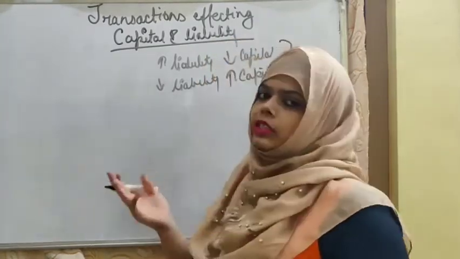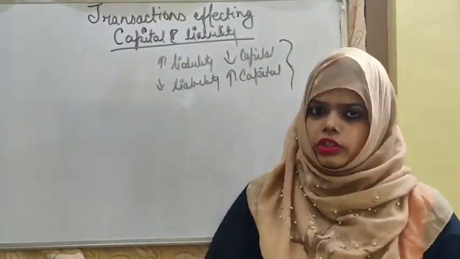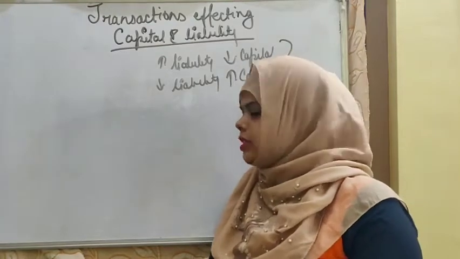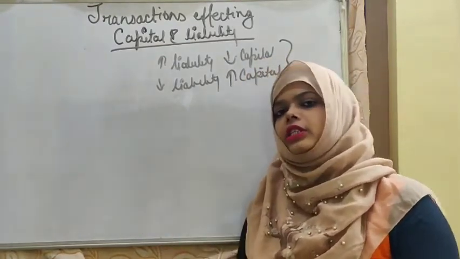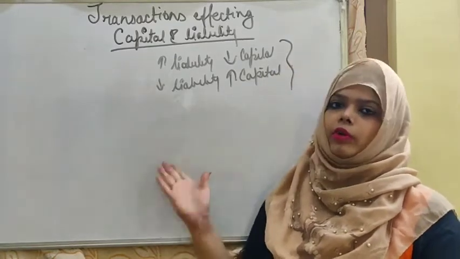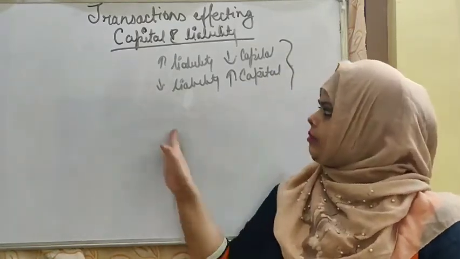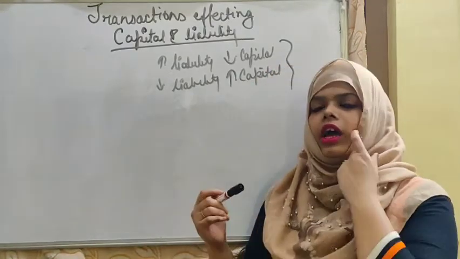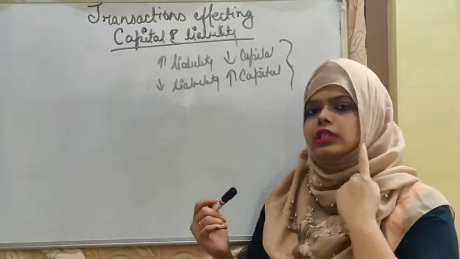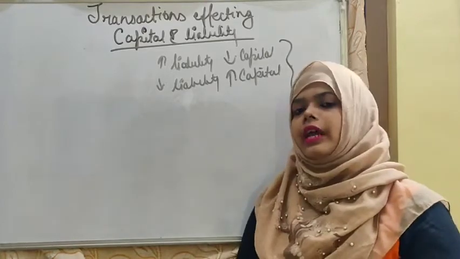So this is the basic concept of this transaction effect, that is affecting two elements. Obviously if the liability is increased, it means we are owing someone, then capital will obviously decrease, and if the liability is decreased, the capital will increase. It is the inverse proportion of these transactions.